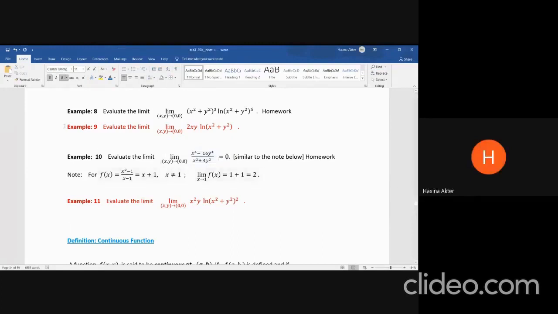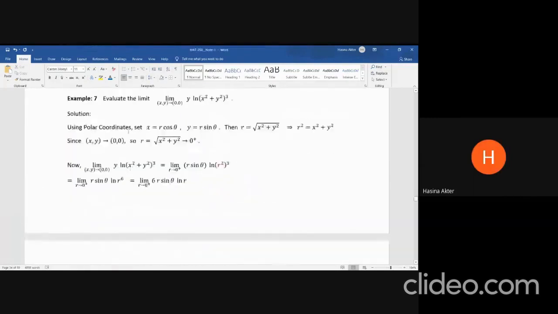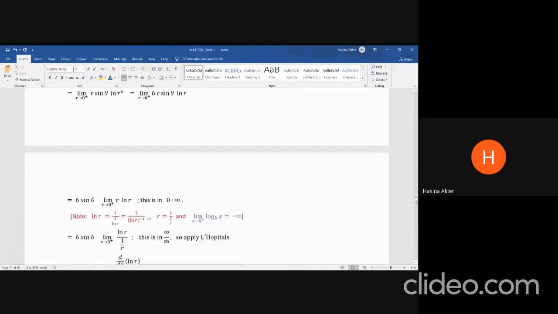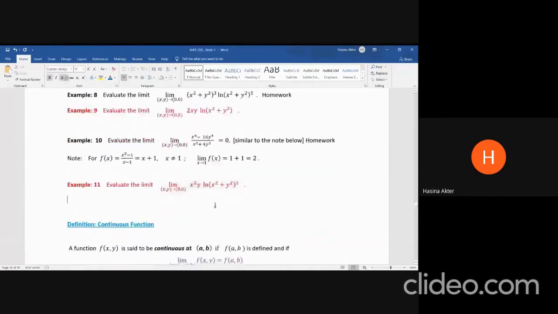So do I have to do 11? Please do number 11. Okay, no harm. Let me copy paste from above. Where did I write all this note? Here you go. Same 2 lines for whenever you apply polar coordinates.